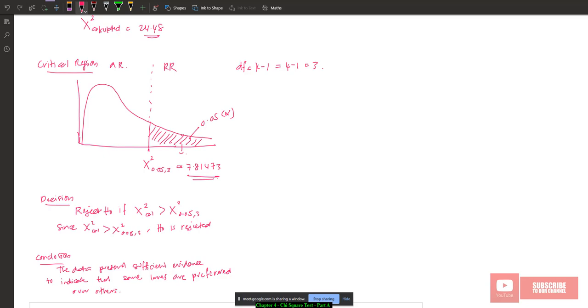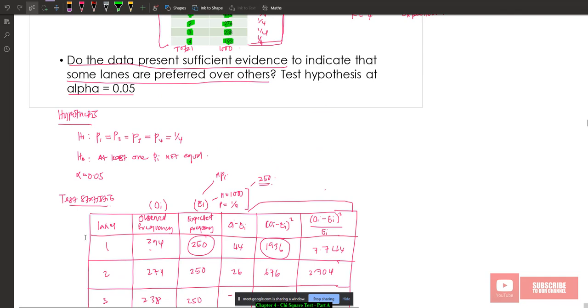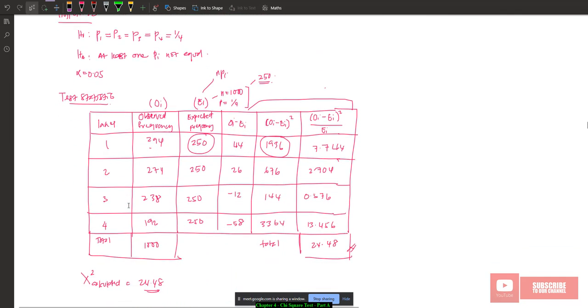Right? So we reject the null hypothesis. We can say that at least one lane is not equal. So one lane is preferred over others.